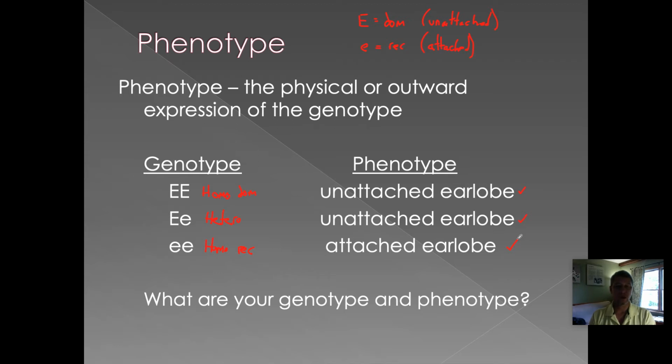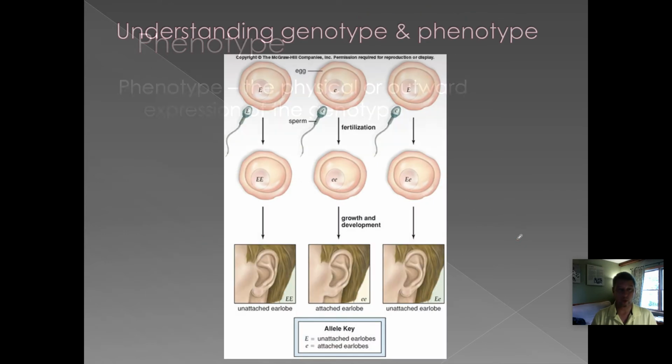So how does all of this come together? How does it all work? Well, your genotype is determined at the moment of your conception. In this illustration, there are three pairs of egg and sperm, and this again is the earlobe question.